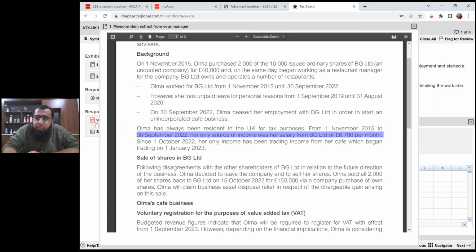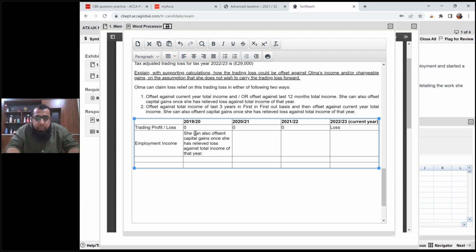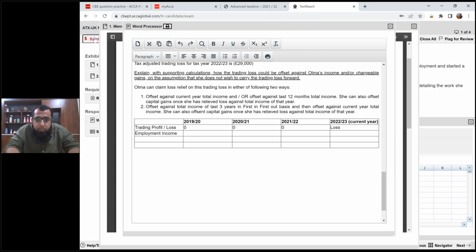Can anyone tell me? 6,700 into 5 months is 33,500 pounds, because he worked for 5 months at 6,700 pounds per month. This is 19-20.